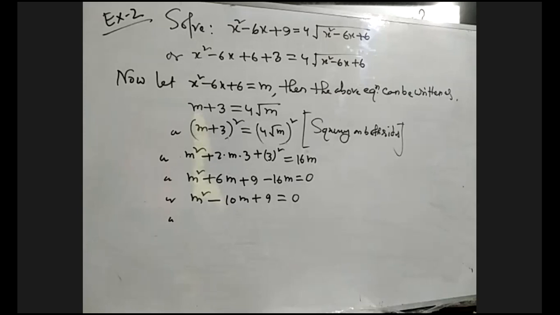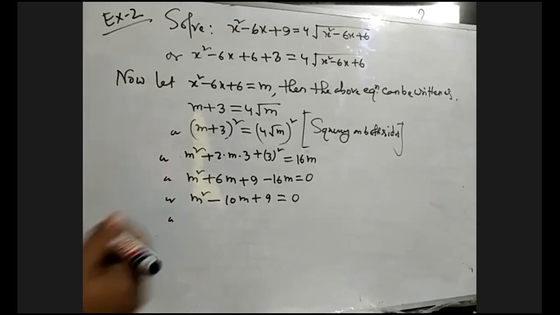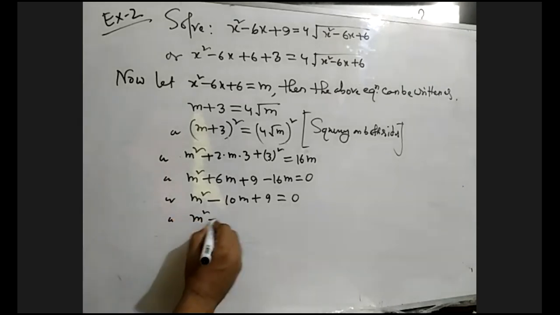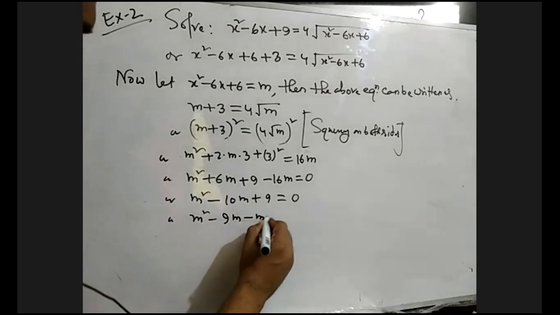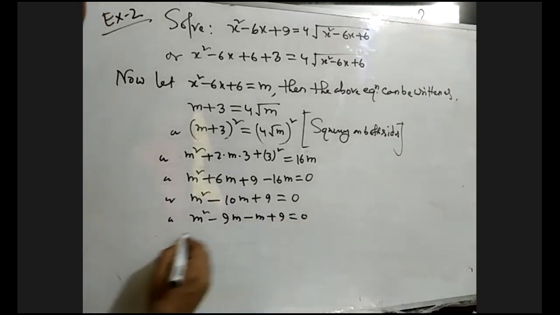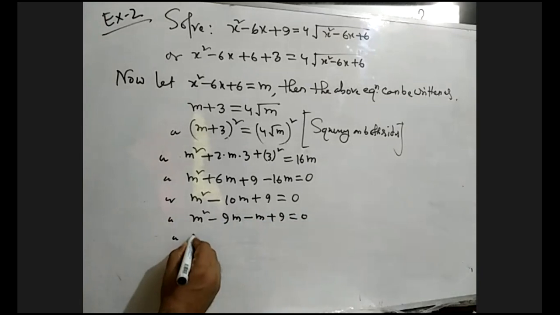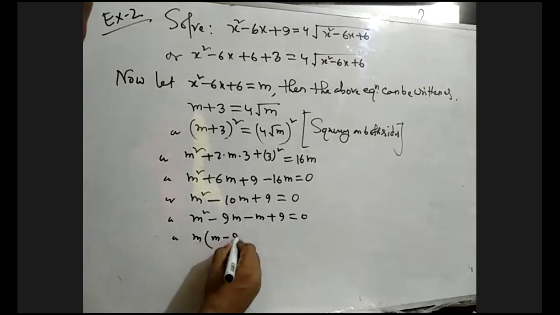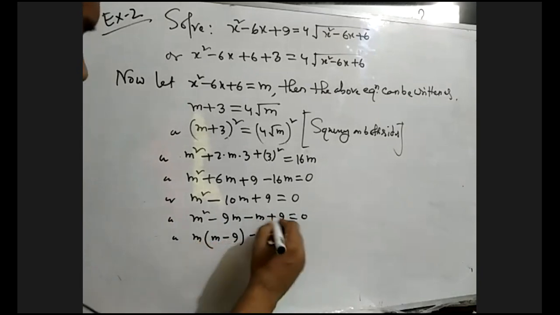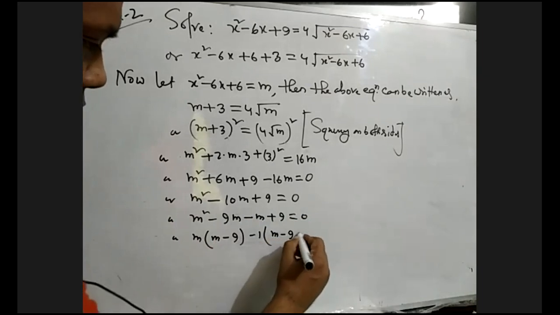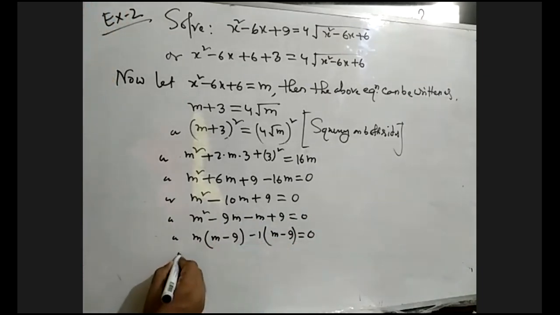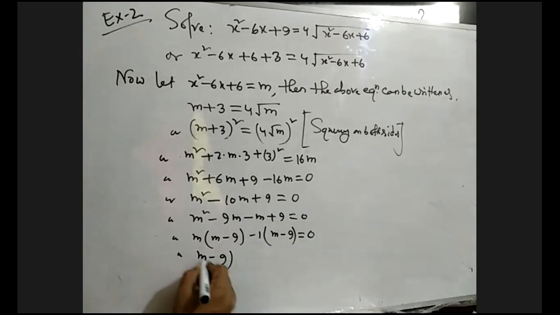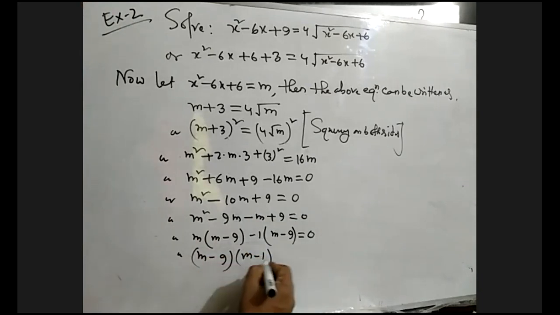So in this way we can solve easily. Minus 9m minus m plus 9 equals 0. From these two, m will be common, minus 1 will be common from here, 9 equals 0. So m minus 9 is again common, then we get m minus 1 from here.